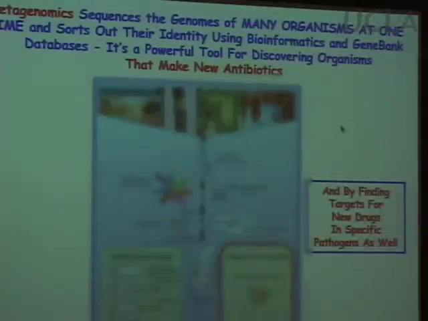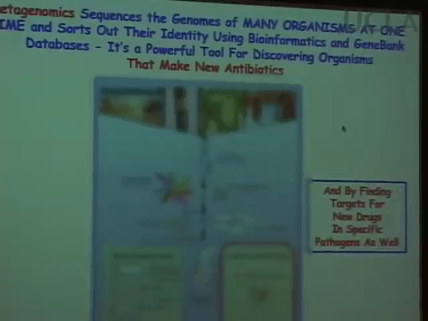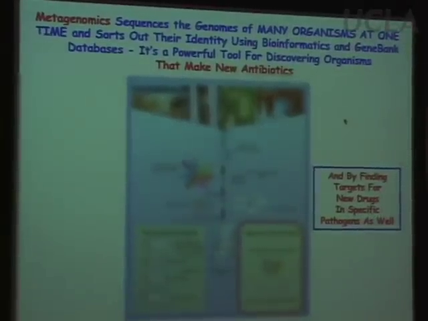Metagenomics. Many of the bacteria that make antibiotics are soil bacteria. So you just scoop up soil all over the world, and you just start sequencing everything that you find in the soil, and you start looking for new bacteria and or fungi that have the potential to make new antibiotics that you discover by sequencing.